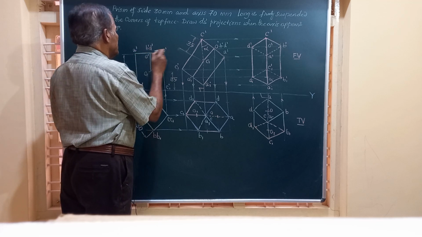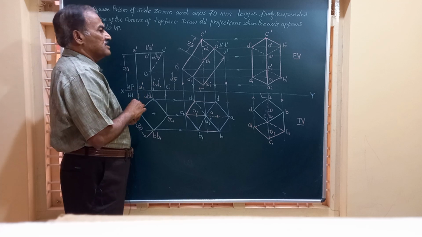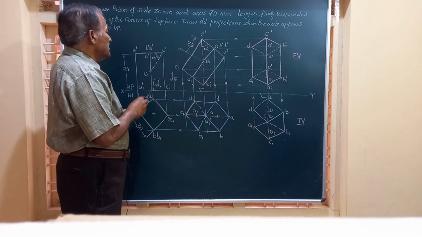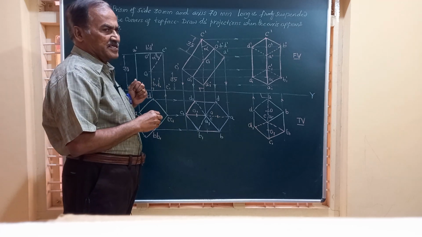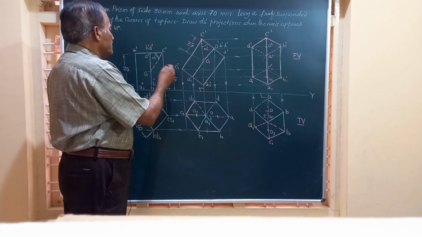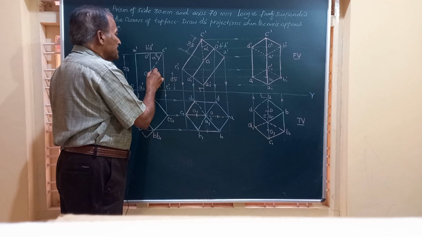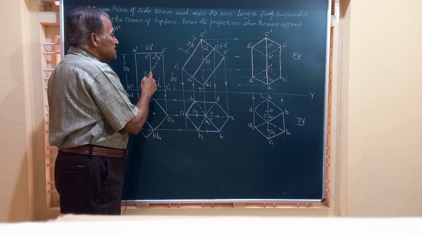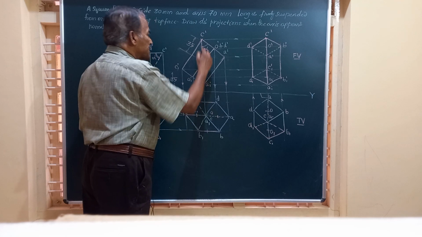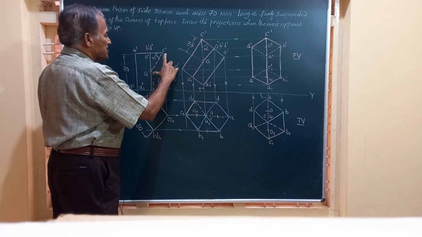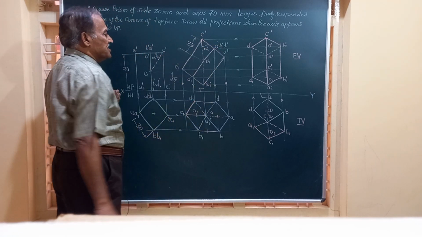So this is the initial position of the solid. Friends, what do we do next? We join C dash to G, the center of gravity. And after locating this line, we are going to redraw this line C dash G such that it is vertical. The length of this C dash G is the same as this.